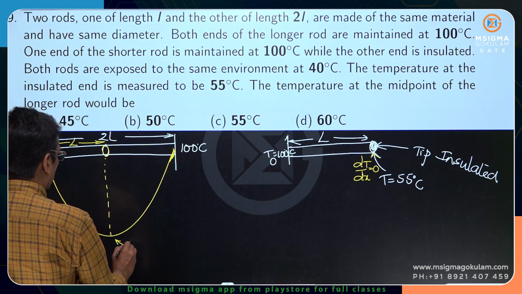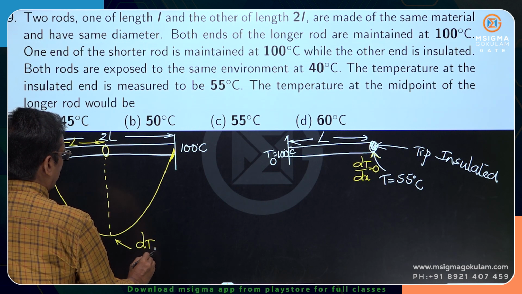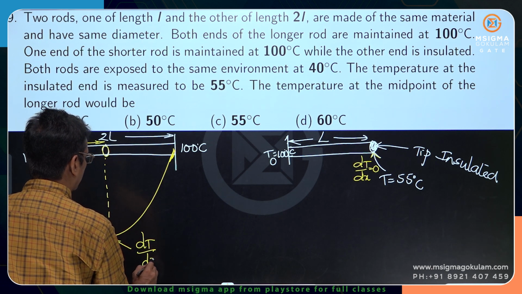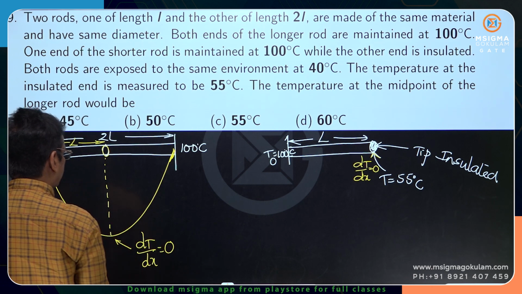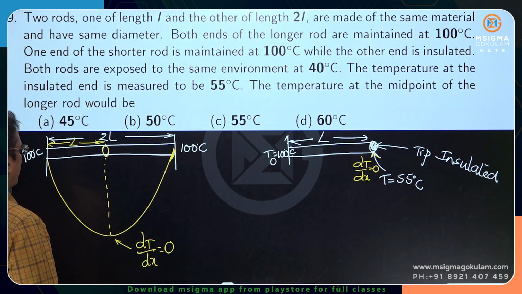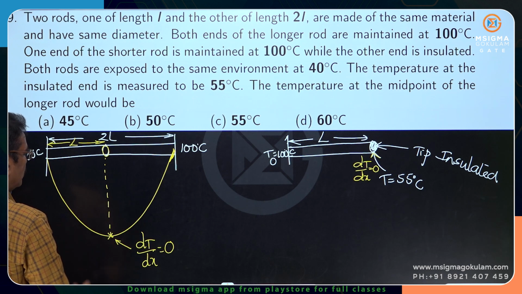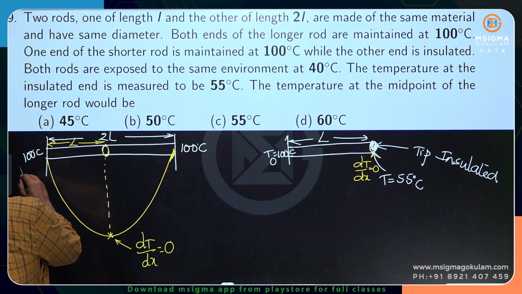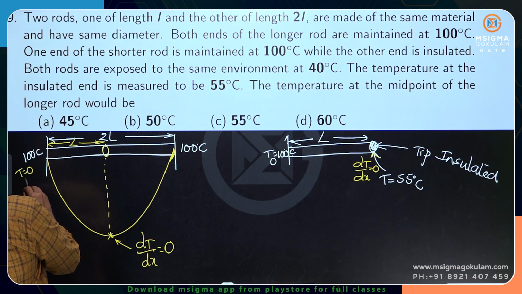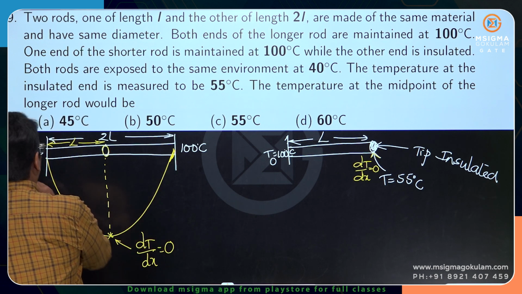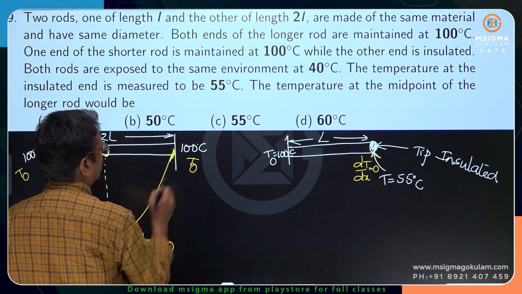At the insulated tip also, dT by dx will be 0. This is T0, and this is also T0.